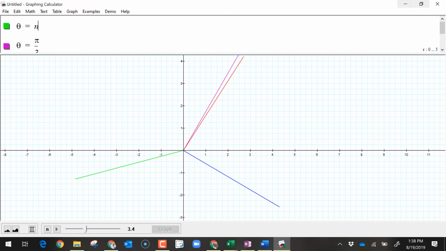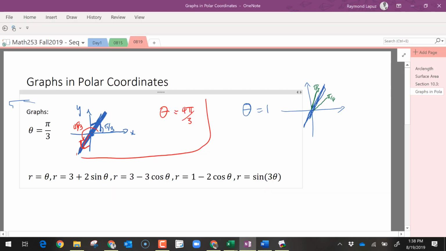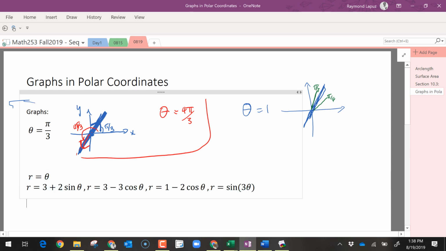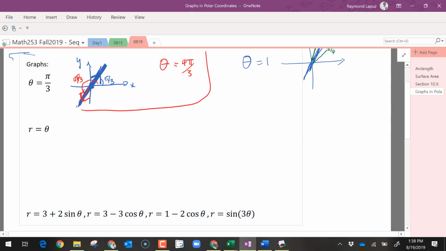All right, let's take a look at some more graphs. R is equal to theta. What do you think this is going to look like? So imagine our grapher, right? If you're graphing this, you're like a ray, and you're going to start with the positive x-axis, and then you're going to spin around from 0 to 2 pi and go farther if you need to or want to.